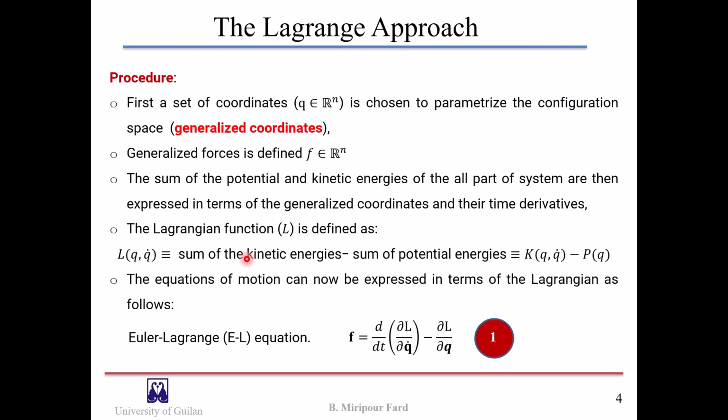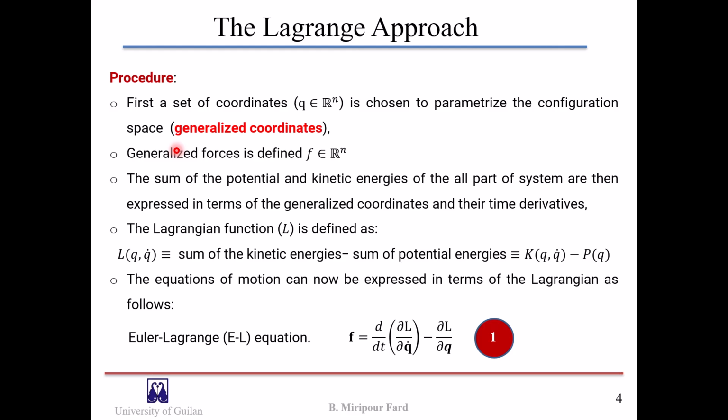Here is the procedure of the Lagrange approach for formulation of dynamics. In this approach, first a set of coordinates, referred to as generalized coordinates in the classical dynamics literature, is chosen. These parameters parameterize the configuration space of the robot.